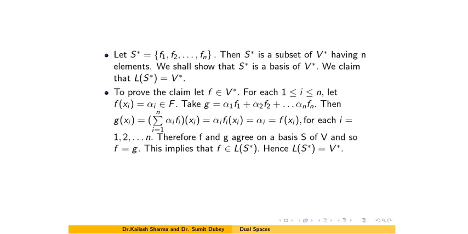And since g is an element of V star, and g is a linear combination of f1, f2, and so on up to fn, therefore f belongs to L of S star, and this implies that L of S star equals V star, that is, S star spans V star.